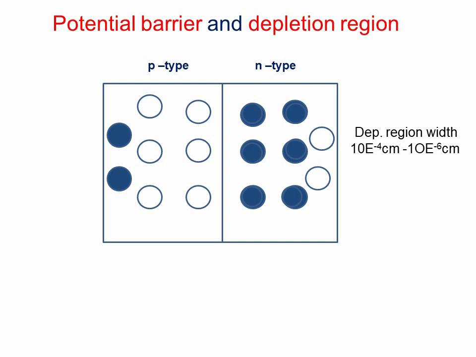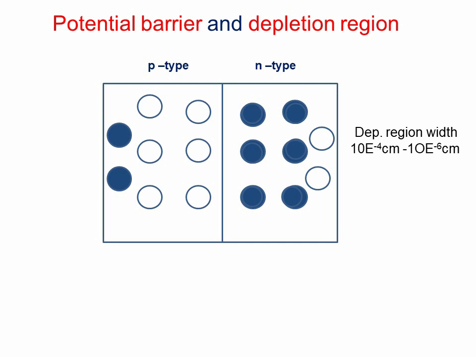The very important notations in p-n junction diodes are potential barrier and depletion region. When p-type and n-type are touched to each other, the p-n junction is formed.